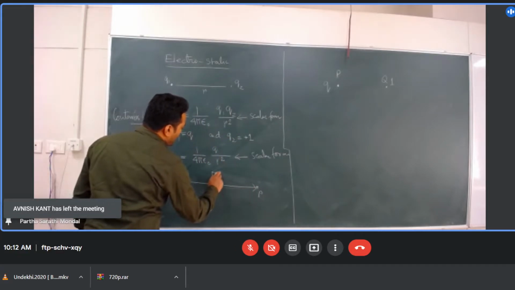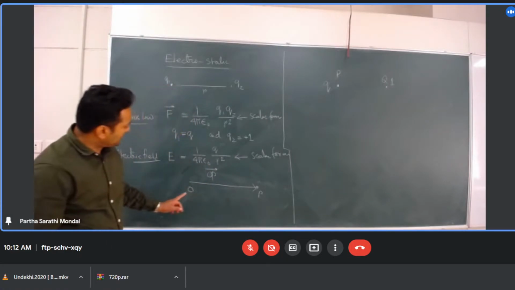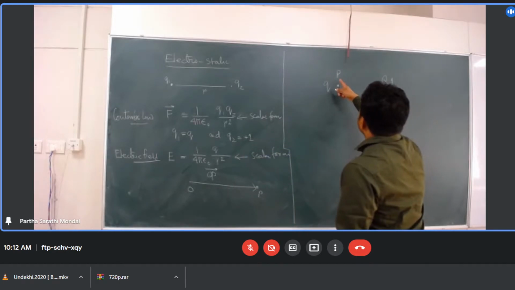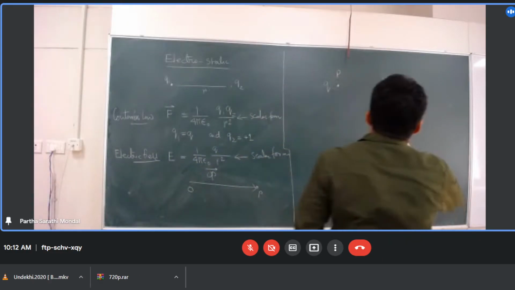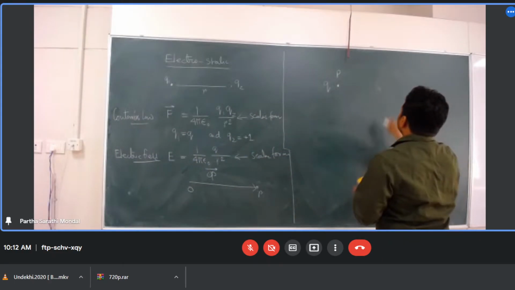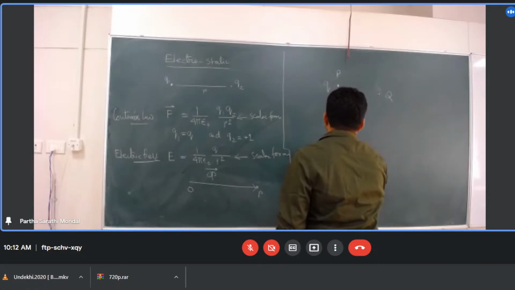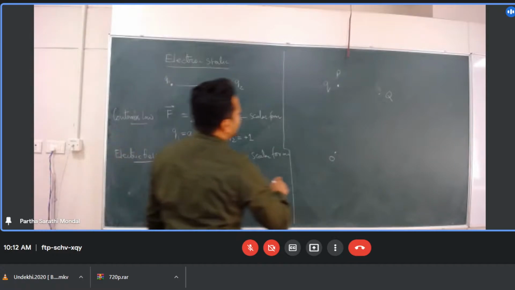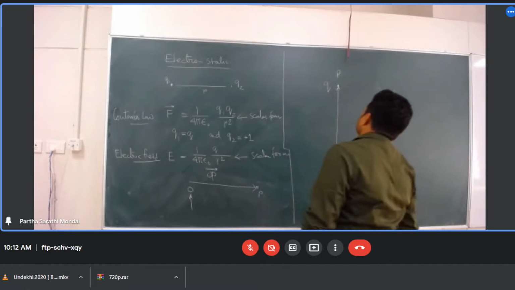So let's say OP vector is the position vector of P with respect to O. Similarly, if I want to express the position of the point, then this can be expressed with an origin O, and then you connect this line. This is the position vector of the charge Q.